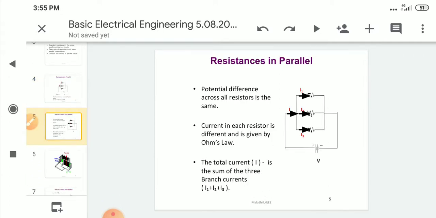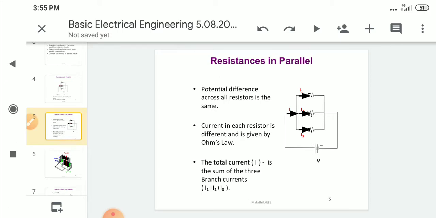Resistances in parallel. In parallel resistances, the voltage is the same throughout the circuit. The potential difference across all the resistors is the same, but the current in each resistor is different, and it is given by Ohm's law.